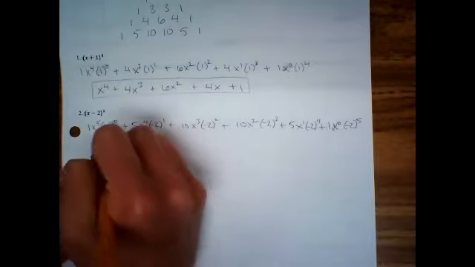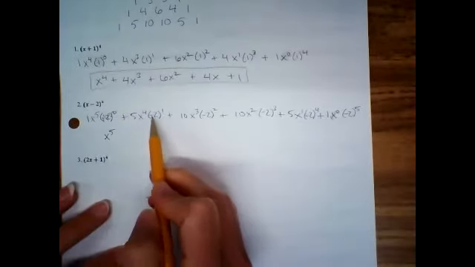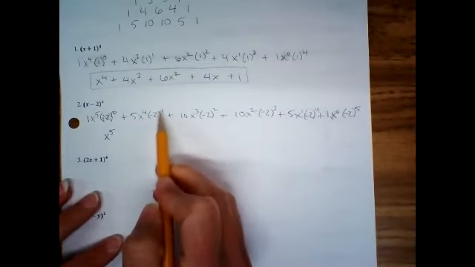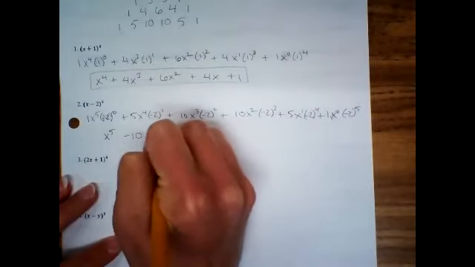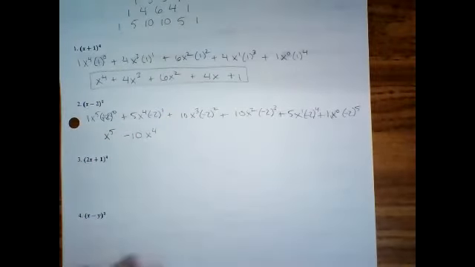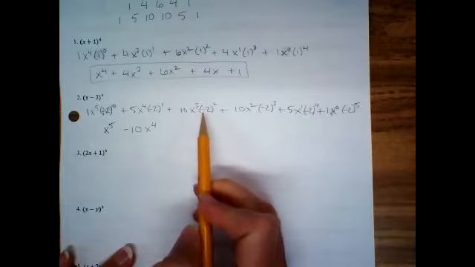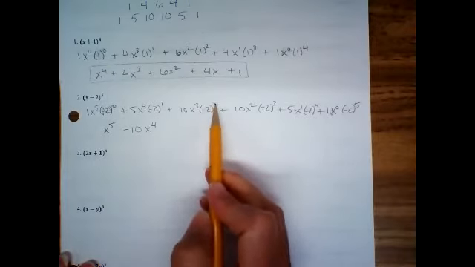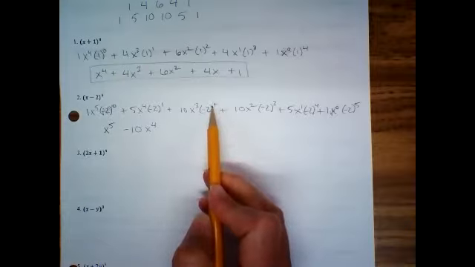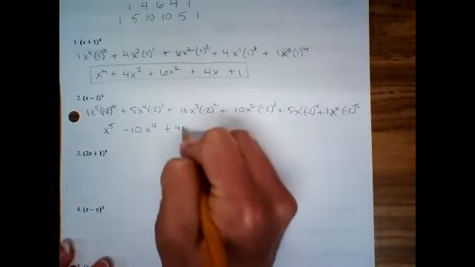So this first term is just x to the 5th. -2 to the 1st would just be -2 times 5 would be -10. So minus 10x to the 4th. And then for this one, -2 squared would be what? Good. 4, good, +4, right? Times 10 would be 40.